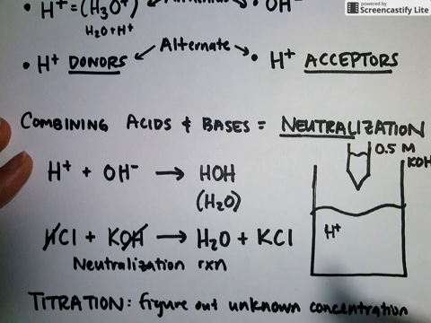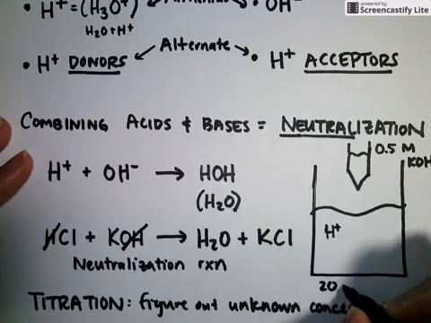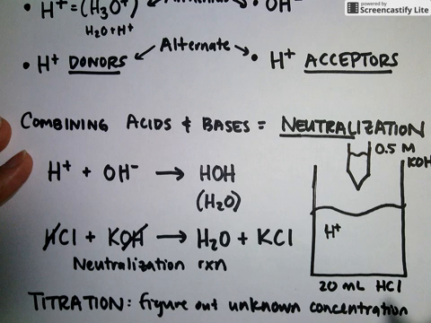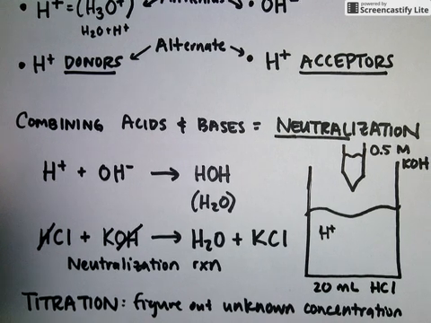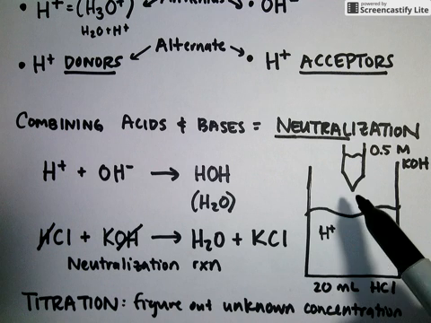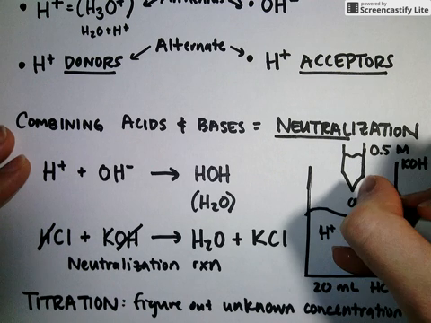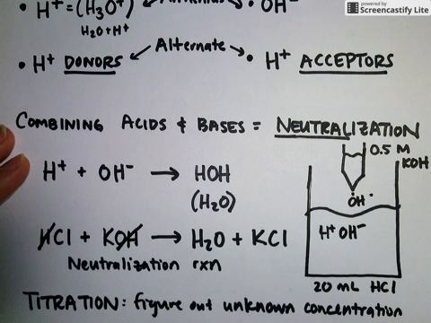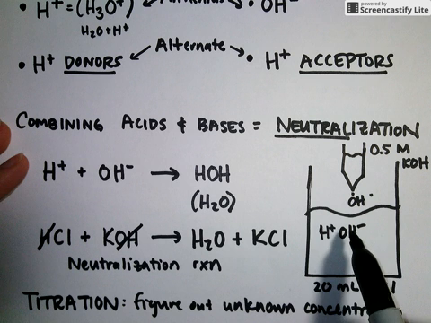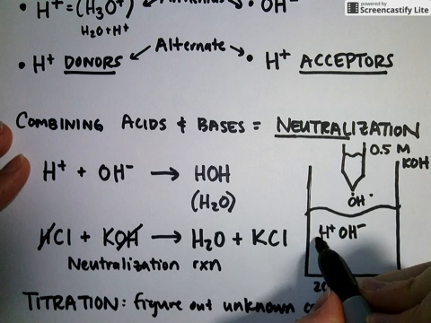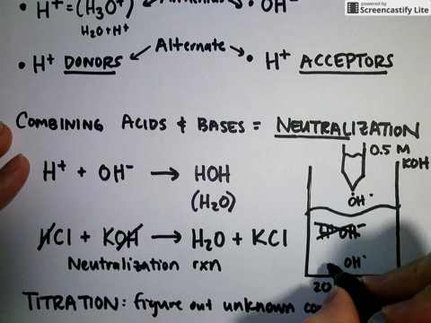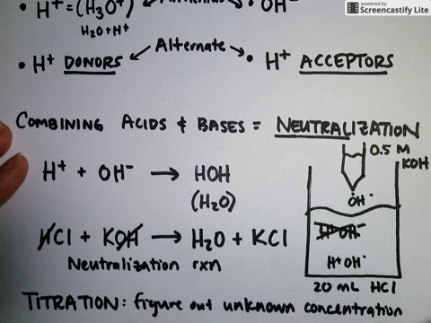And in here, I've got, let's say, 20 milliliters of HCl. I know it's an acid and I know it's HCl, but I don't know how concentrated it is. By dropping KOH in here, I'm adding OH- ions into the solution. Every time an OH- finds an H+, it neutralizes it out. The more OH- I add, the more H+ I'm going to be able to neutralize.